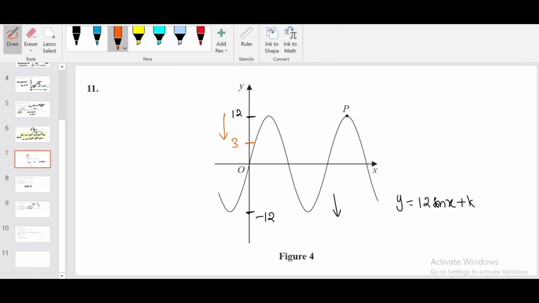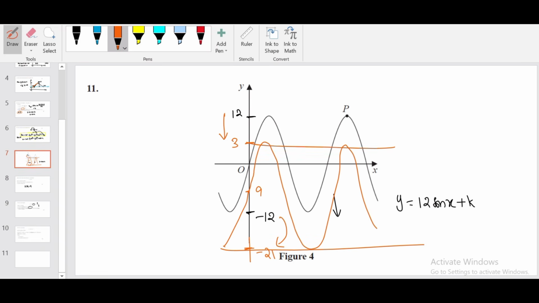So when you move the graph downwards 9 units, this minus 12 becomes minus 21, right? 0 becomes minus 9 here. So the graph will be something like this. The maximum value at 3, minimum value at minus 21.